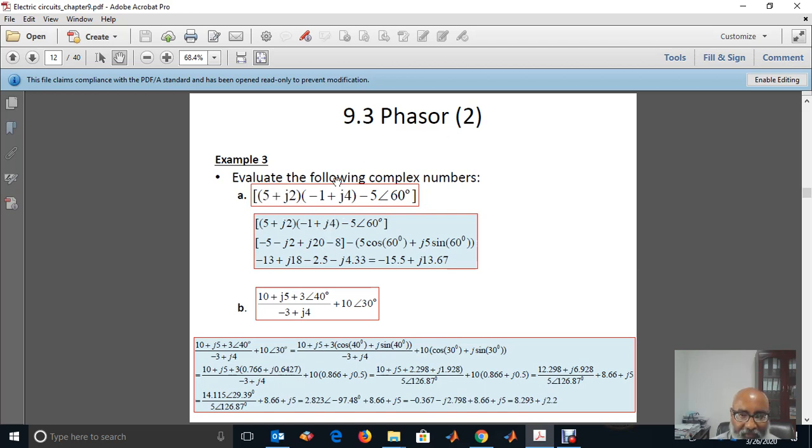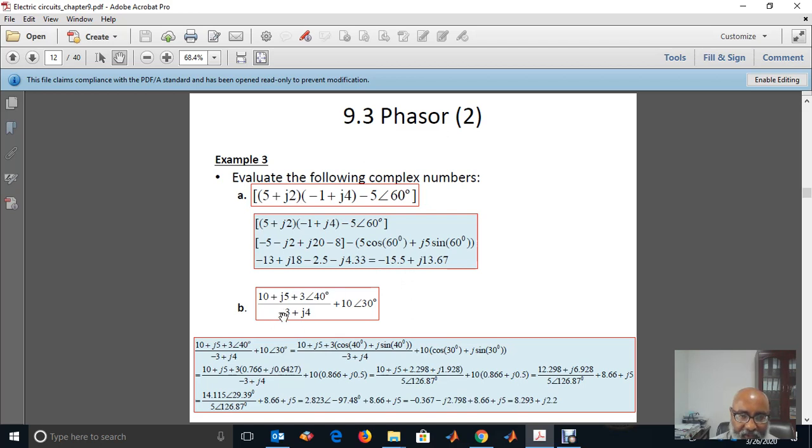After we do this process, we finish this part and change it to real part and imaginary part. And then this one is in polar. We change it to rectangular. It will be 5 cos 60 degrees plus j sin 60 degrees. And then we add the real part together, the imaginary part together, and finally we have this.